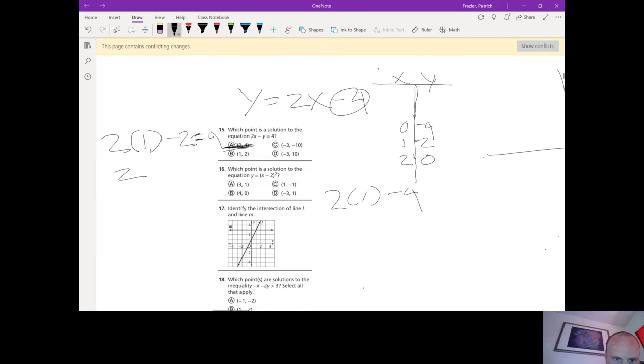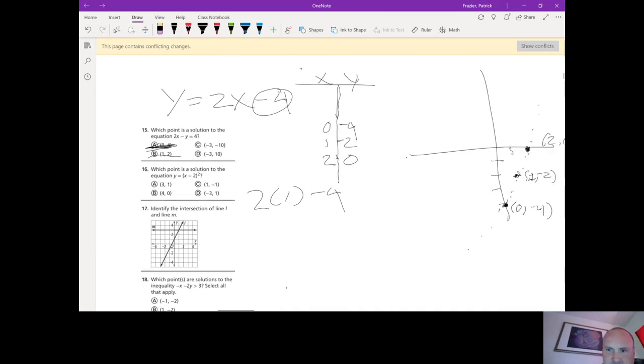So 2 times 1 is 2, and 2 minus 2 is 0. But they're saying that this is equal to 4. 0 does not equal 4, so we know B is definitely not right.